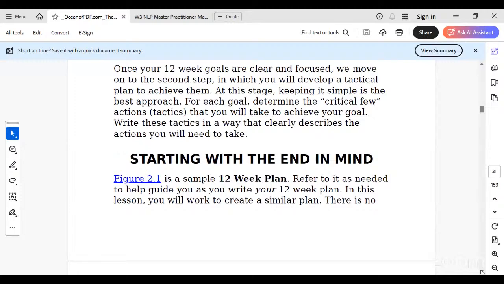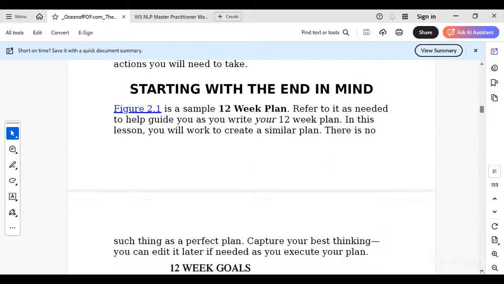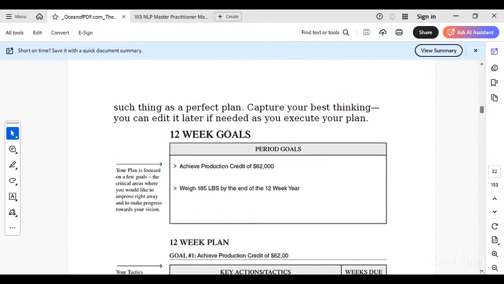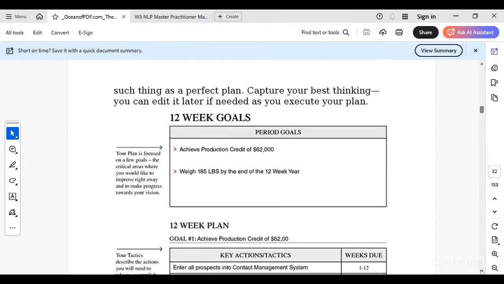Figure 2.1 is a sample 12-week plan. Refer to it as needed to help guide you as you write your 12-week plan. In this lesson, you will work to create a similar plan. There is no such thing as a perfect plan. Capture your best thinking. You can edit it later if needed as you execute your plan.